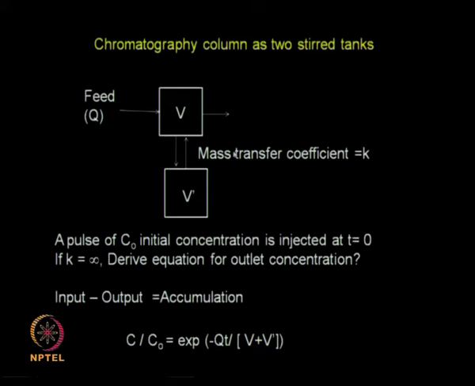So in the second problem, because V plus V dash is greater than V, the residence time of this system is much larger than the residence time of the first system.